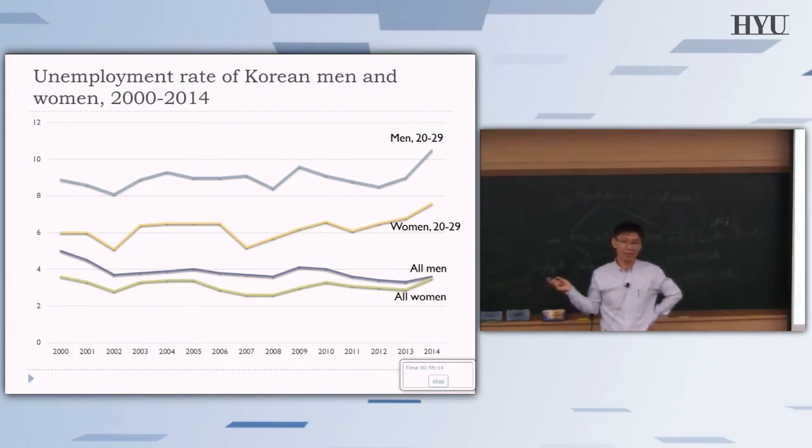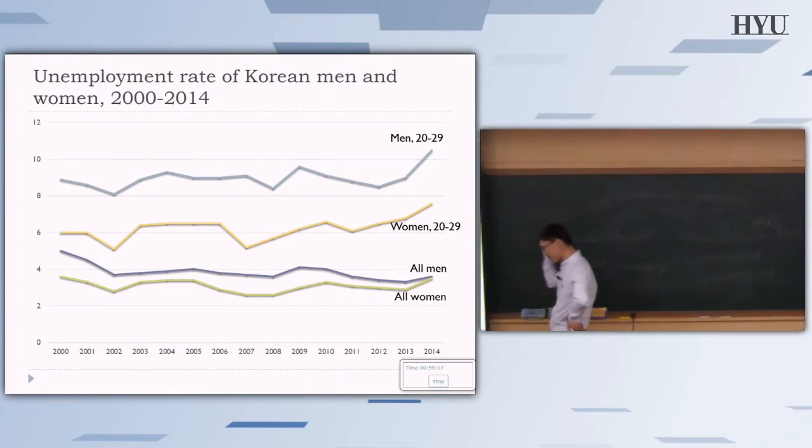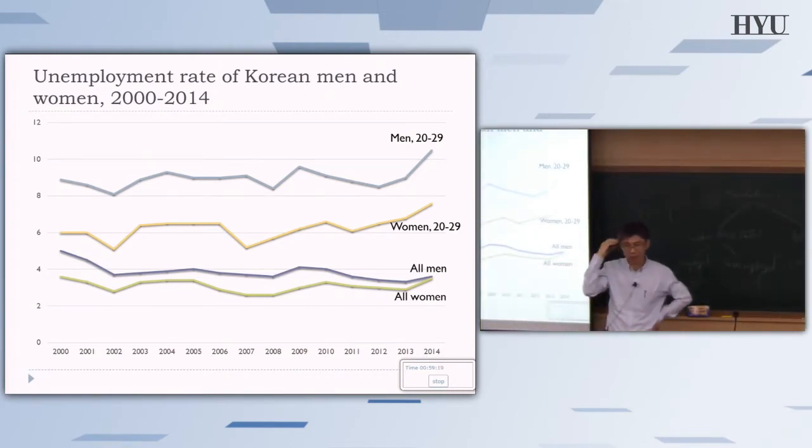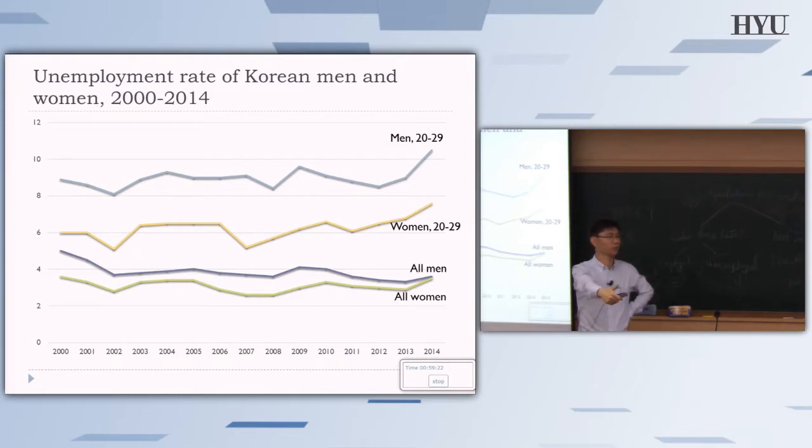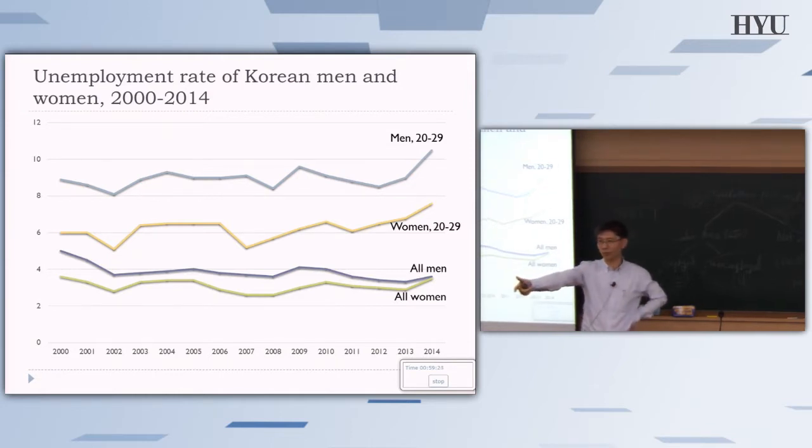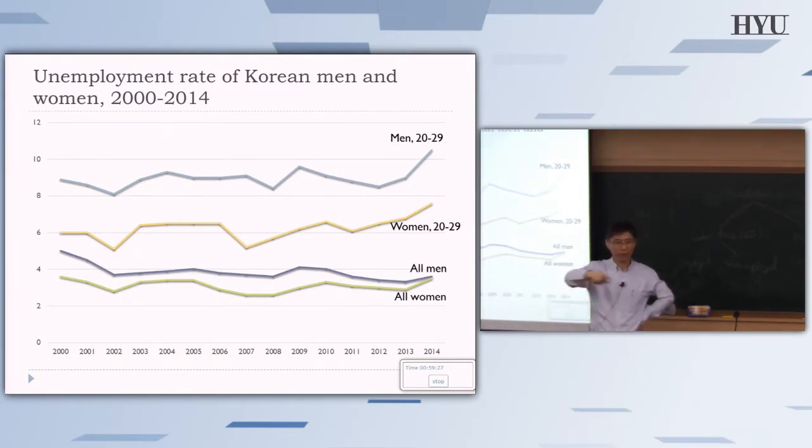Why? Because think of young people, 20 to 29. They finish their school. So they have to find a job. So everyone will go through unemployment stage. Unless you just find a job while you are in school, so you just finish your school and next day you go to your workplace, then you are just going straight from not in the labor force to employed.